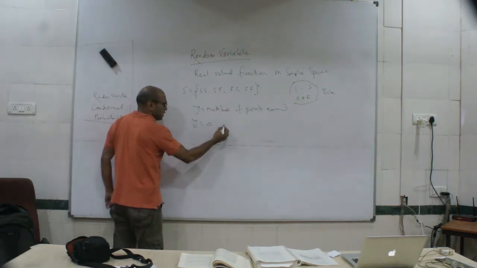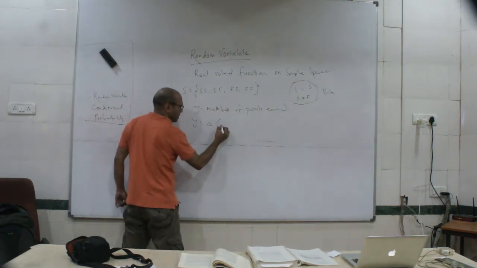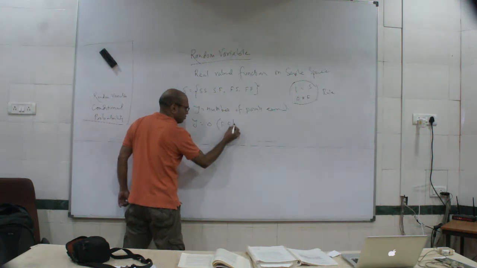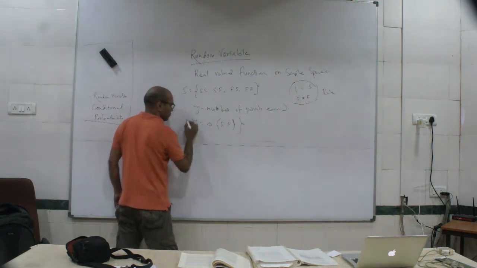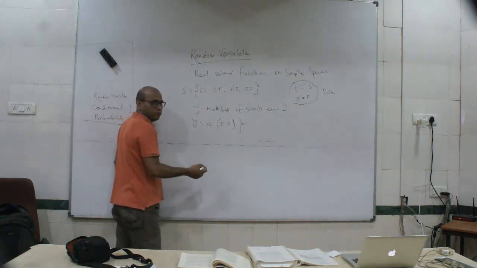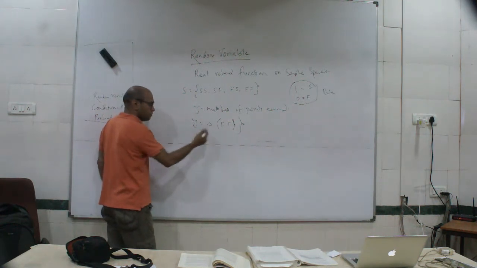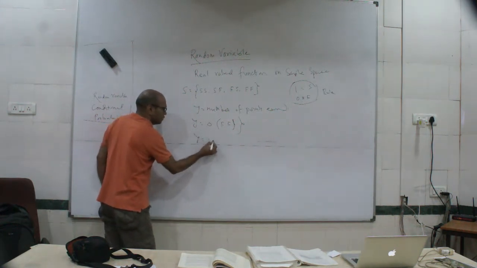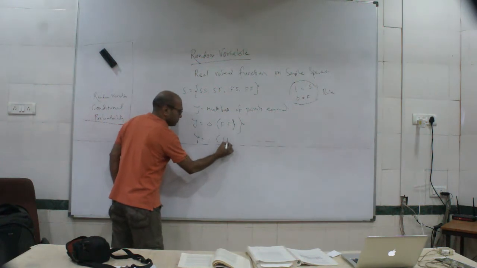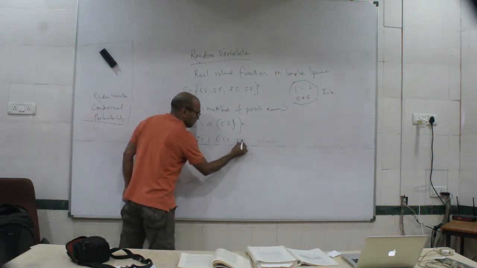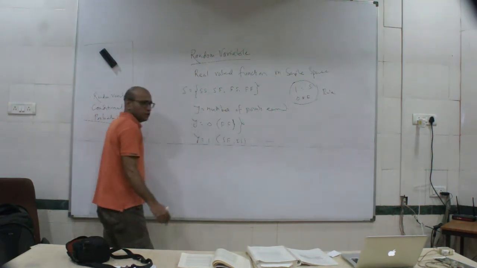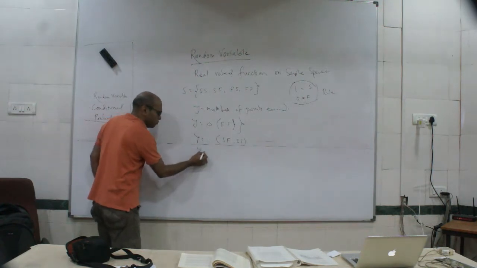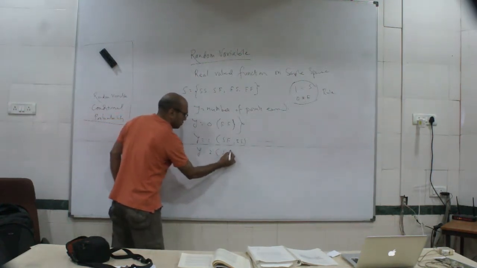This is possible if they fail on both the tasks. Y will take a value 1 if SF or FS. Y would take a value 2 if the outcome is SS.